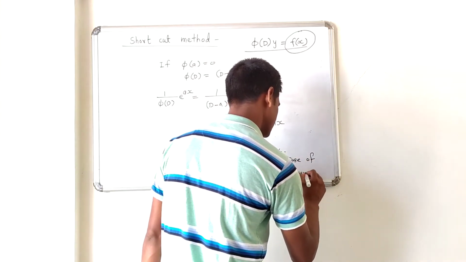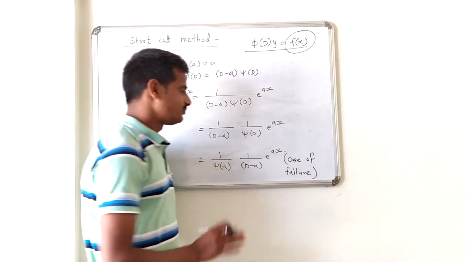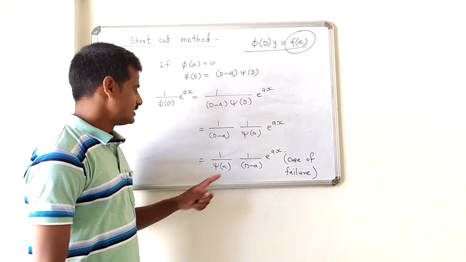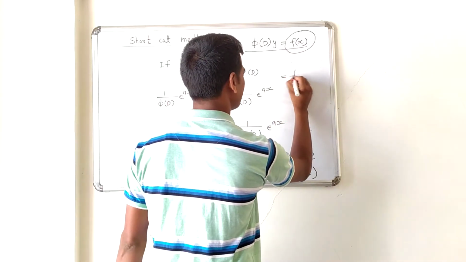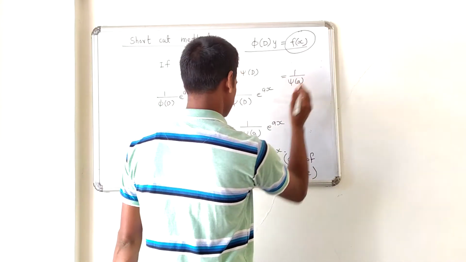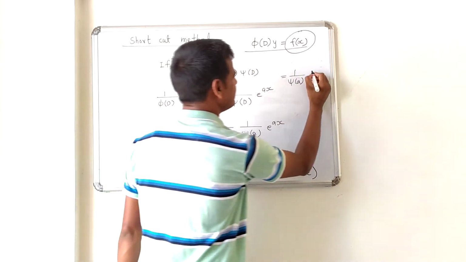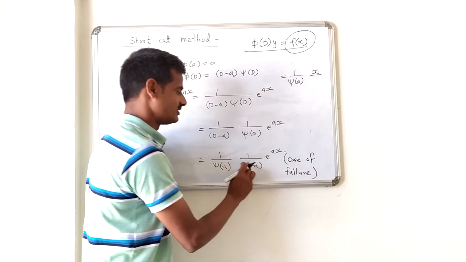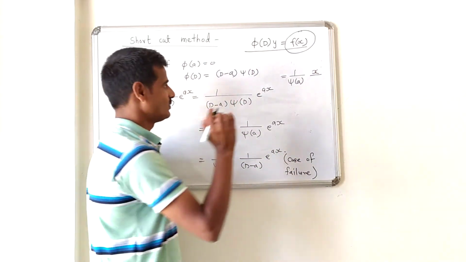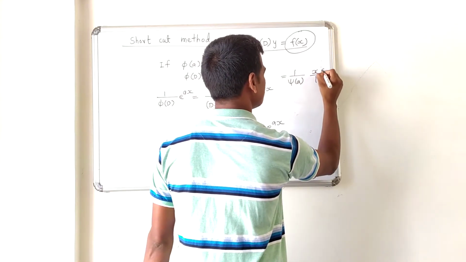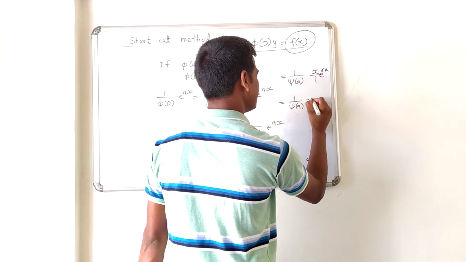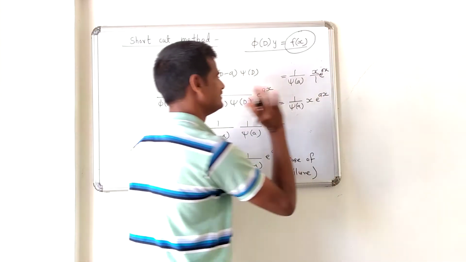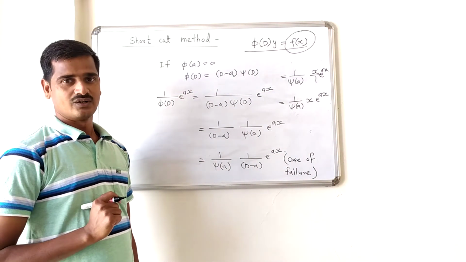If this is the situation, you just multiply by x. So I write here 1 upon psi of a, and you multiply by x divided by the differentiation of D minus a, that is 1, into e to the power ax. So it is 1 upon psi of a x e to the power ax. This is the solution.